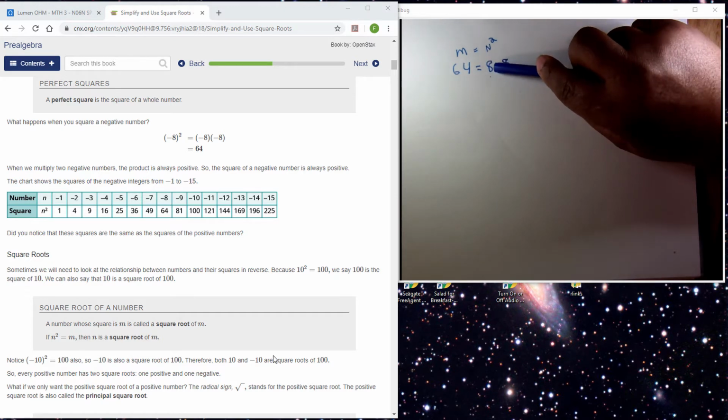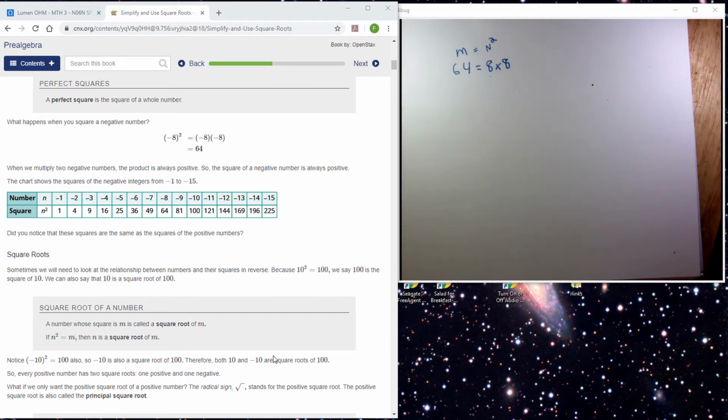So the square root of 64 is 8. In some cases, you can have more than one square root. Negative 10 squared is 100. Also, 10 squared is 100. So 10 and negative 10 are both square roots of 100.